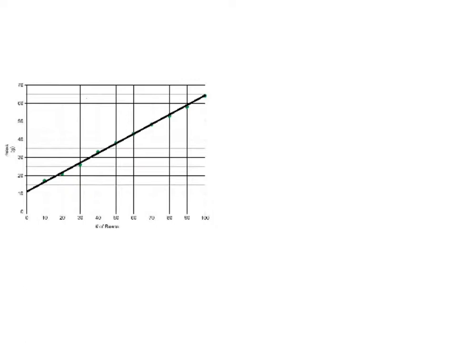We're going to first start with writing a proper title for this graph because it is missing. You'll see that we are looking at a relationship between number of beans, and the unit there would be the number, and the mass of the beans measured in grams.